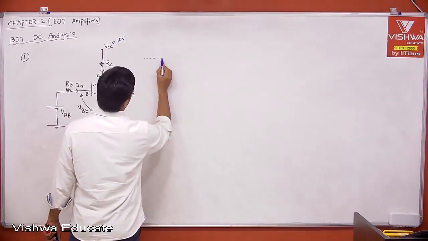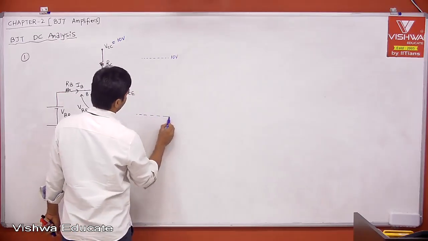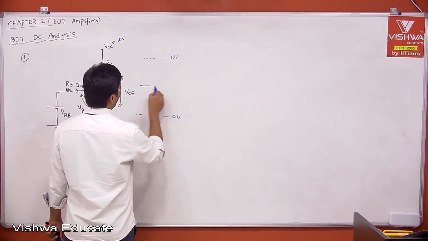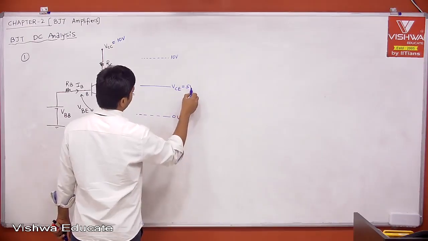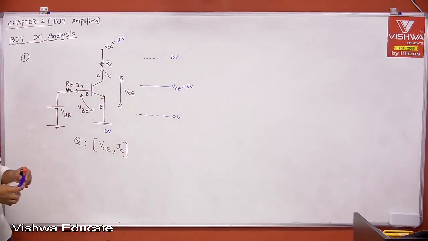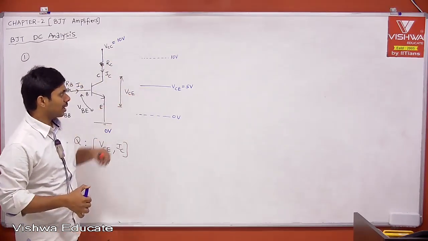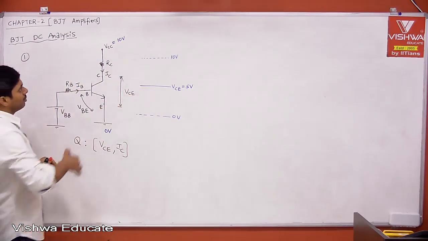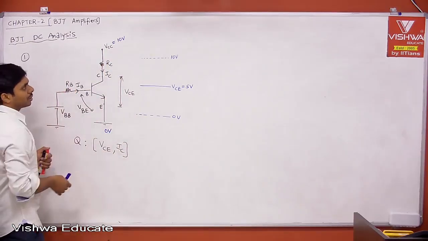The maximum you can get is 10 volts and the minimum you can get is 0 volts, but in between whatever you have, let me take VCE as 5 volt. Therefore, I am trying to keep it at 5 volt, exactly at the midpoint of rail to rail, right? The rail maximum value is 10, minimum value is 0, okay? That is what you can get at the output, right?